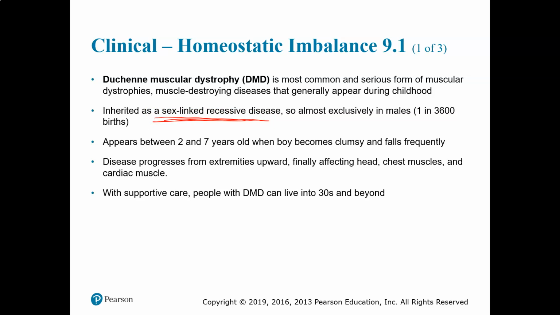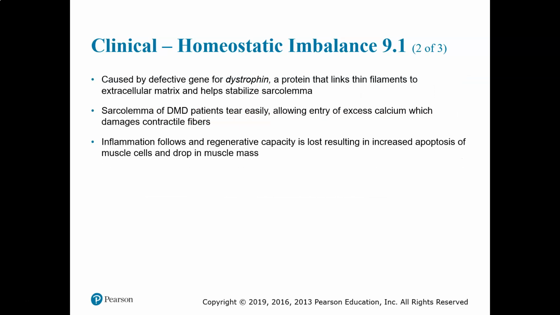And what happens is that the gene for producing the protein dystrophin is defective. And so the protein that links thin filaments to the sarcolemma and helps stabilize the sarcolemma is defective.